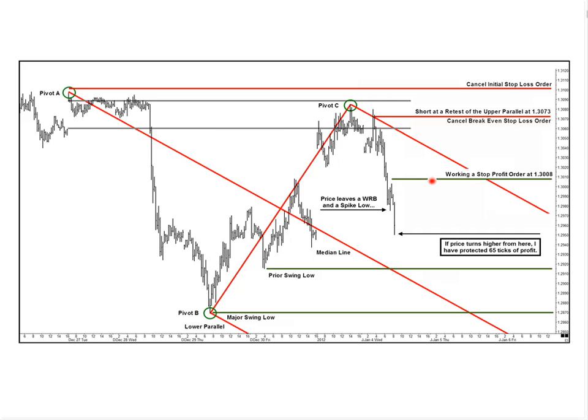I'm going to work a stop profit order to protect my profits at 130.08, which is 5 ticks above this high. If price turns higher from here, I will have locked in 65 ticks of profit in the euro currency futures.